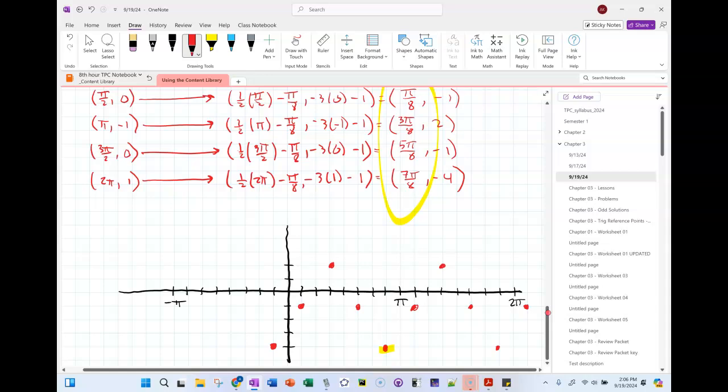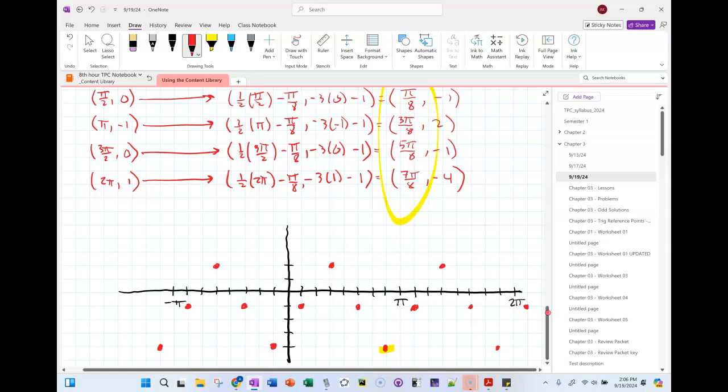So over 2, up 3, over 2, up 3, over 2, down 3, over 2, down 3. So now I have points covering all the space that was asked for, right?